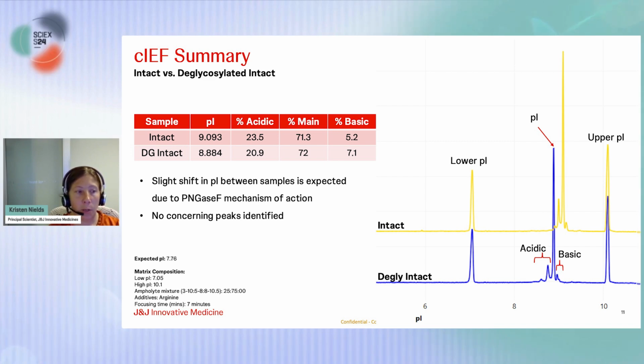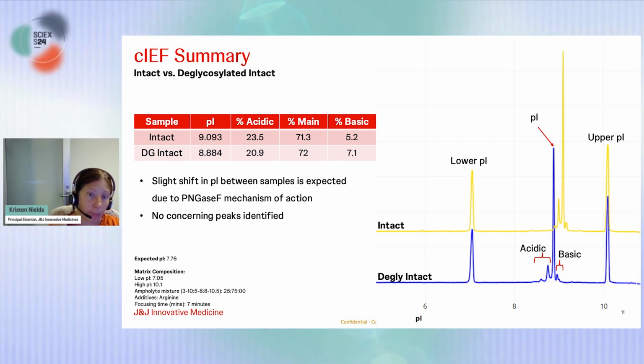So we have gone into a lot more work using multiple sample digests, making sure that when we call an unknown out, we are pretty definitive and always trying to back it up with peptide map.